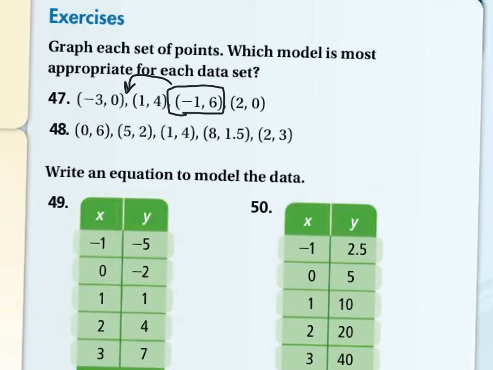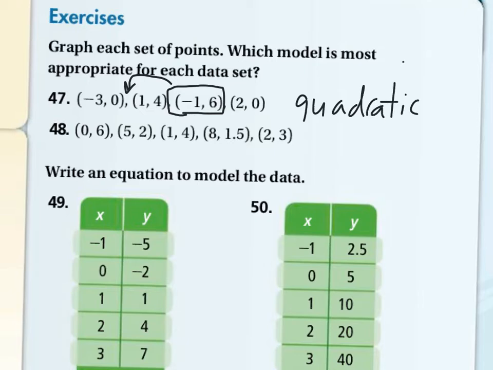So again, there's really nothing to say that just graphing that is a bad idea. I'm never going to look at somebody's paper and be like, oh, you graphed it, sorry, it's wrong. So anyway, if you graph those points, then you can tell that that would be best as a quadratic.